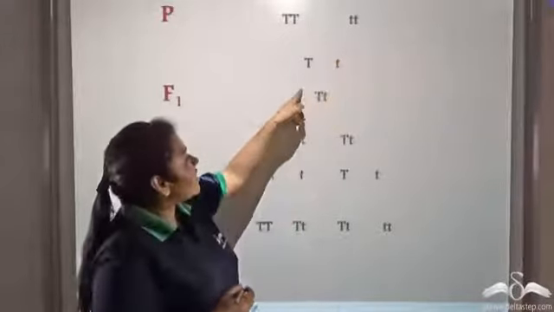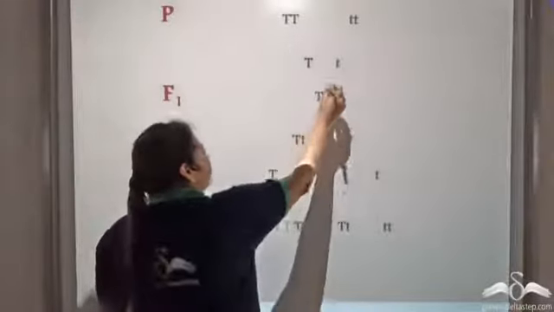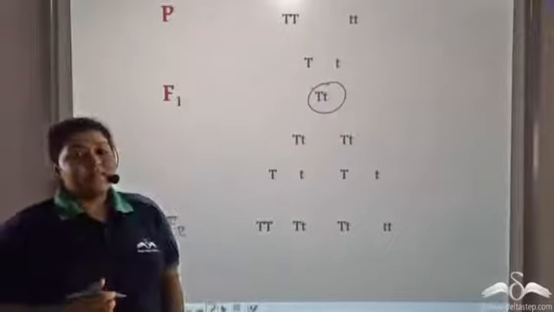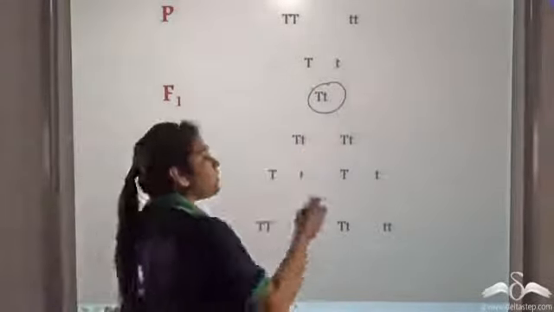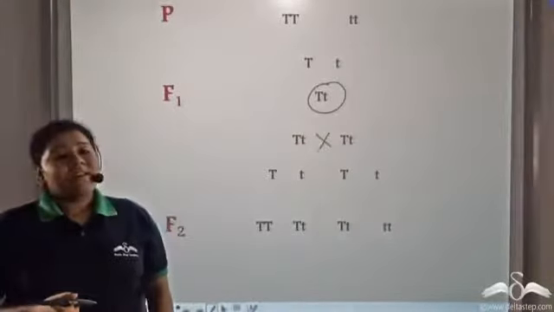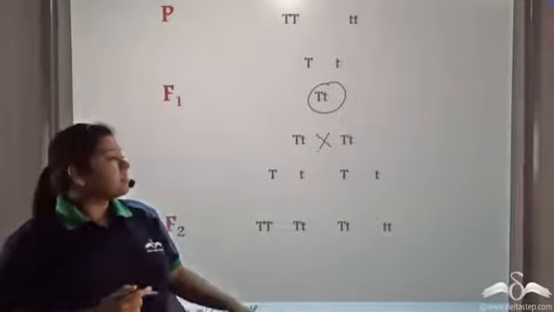So the F1 generation, or the first generation, had the genotype capital T, small t. Now two plants from the first generation were crossed with each other. Now you know that reproductive cells have half the number of chromosomes.